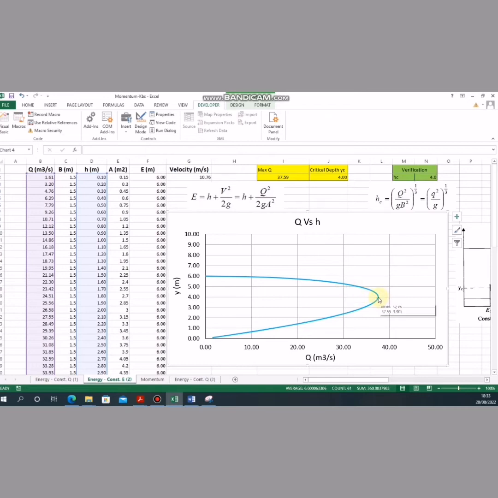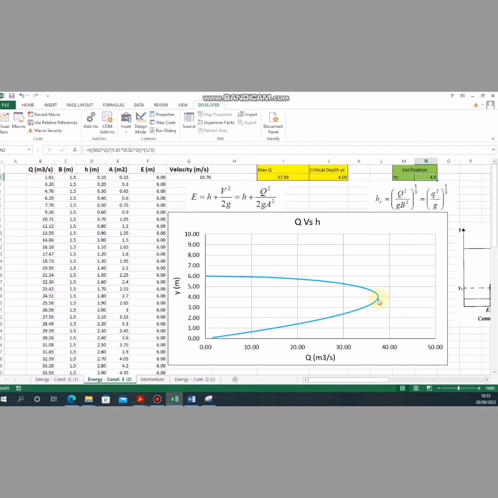At this point is the critical depth, and the critical depth YC, or HC, is really the depth at which the water is flowing at its maximum. So this is the maximum discharge, not energy.